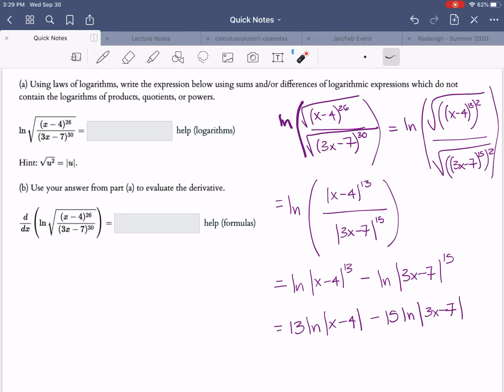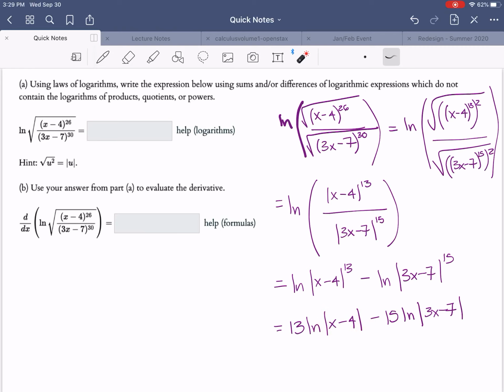Okay, so if instead of doing this, you decided to take the 1/2 and bring that down in front, and then simplify the rest of it, you'll get a different answer. And the reason they're not equivalent is that your answer will only be valid for numbers where x minus 4 is positive and 3x minus 7 is positive.